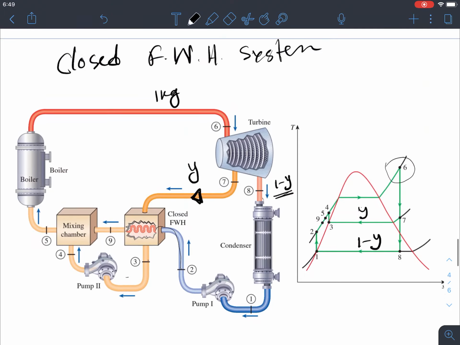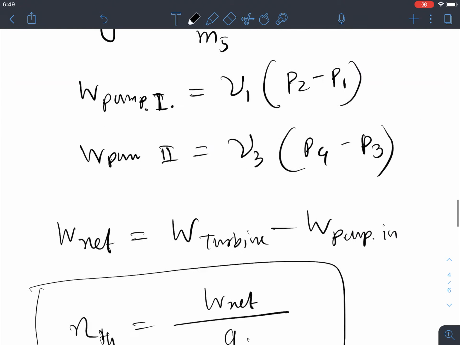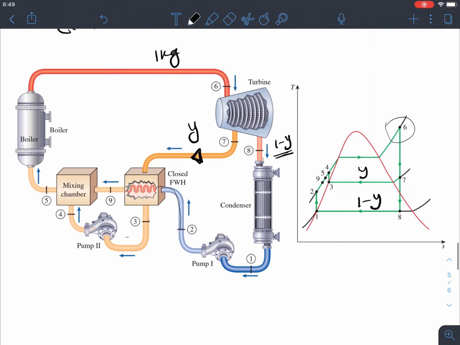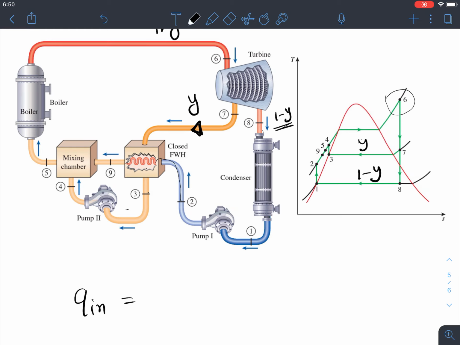So the closed feed water system is very similar to the open feed water system. In this case, the Q in is happening basically in two places.